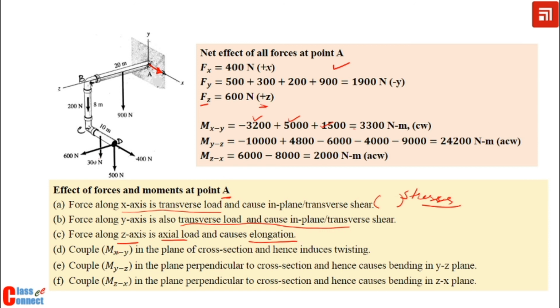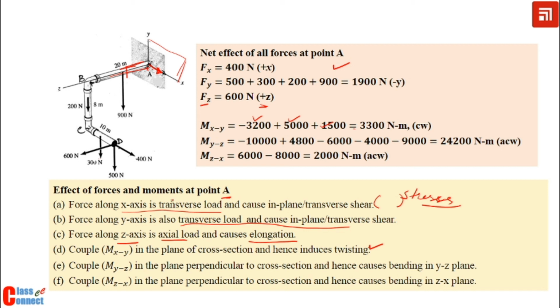The couple MXY is in the plane of cross section of this member, where this point A is located. A is located on this member, and the plane of cross section of this member is the XY plane. So a couple acting in the plane of cross section will induce twisting, and that is why it will induce shear stresses.